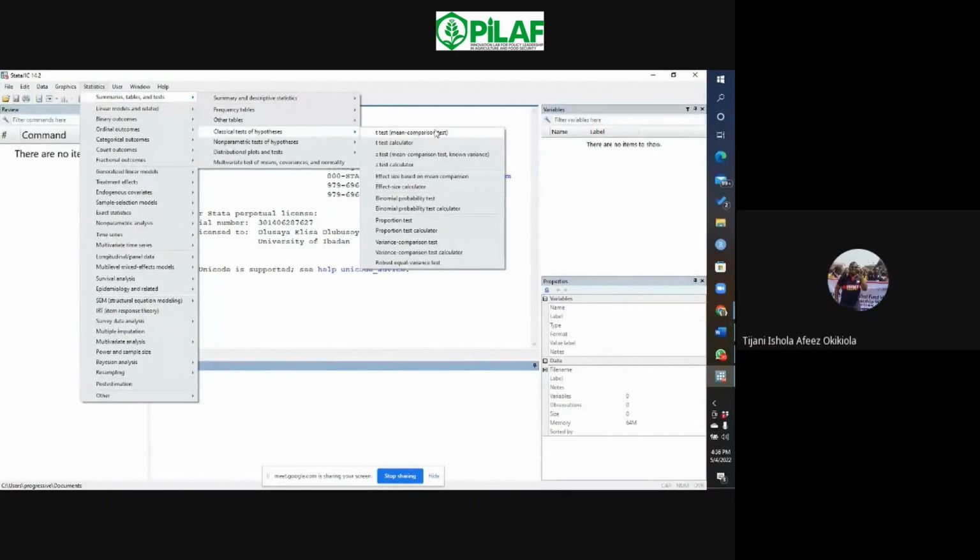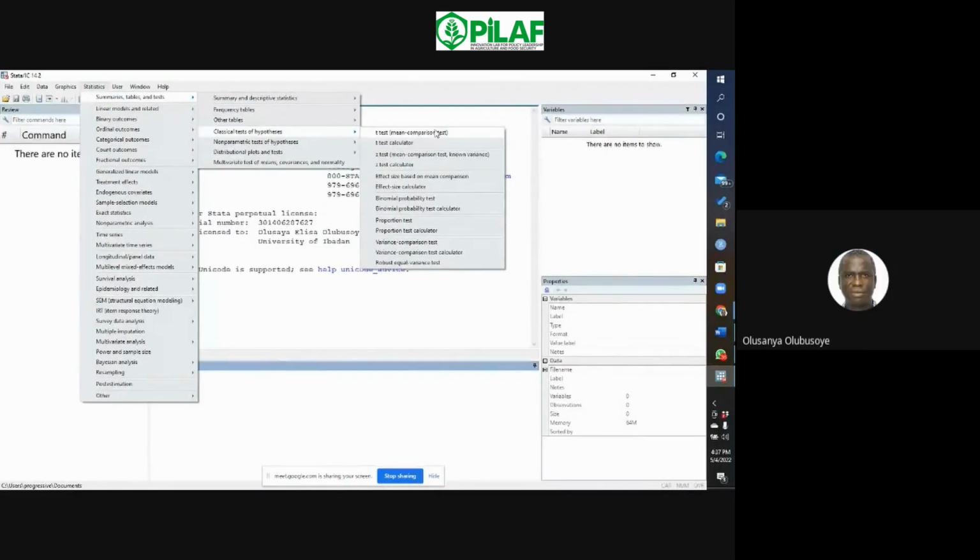So that is that. Is there no Z test in your own? We only have t-test, mean comparison test. I only have t-test based on mean comparison, t-test calculator. There's no Z test here.